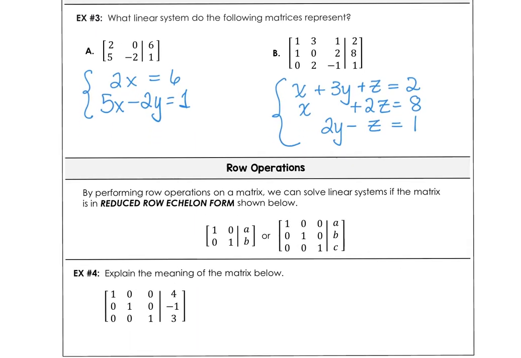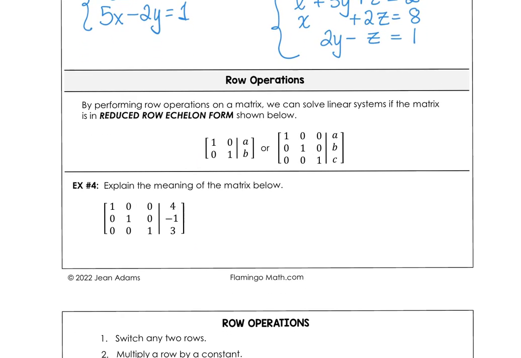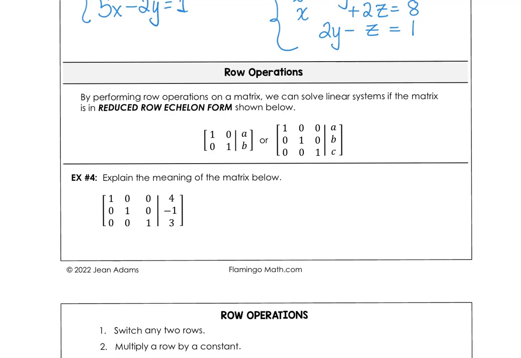Now, when we're ready to solve using a matrix, we want to do row operations, and we want our final matrix to be simplified in what's called reduced row echelon form. And here is an example with a 2 by 2, 2 equations, 2 unknowns, reduced row echelon.